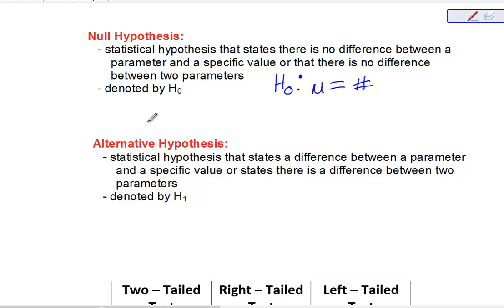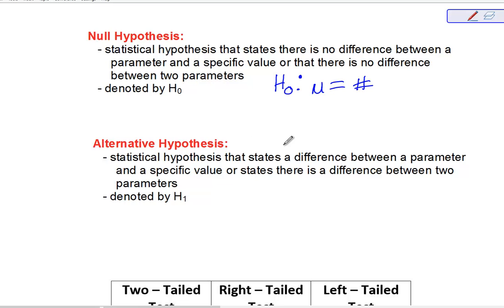The second hypothesis that you're going to have is what we call the alternative hypothesis. In other words, like in a courtroom, you have the prosecutor and the defense. So one will be the prosecutor, one will be the defense. And that's the same thing in hypothesis testing. You'll have the null hypothesis and then the alternative hypothesis.